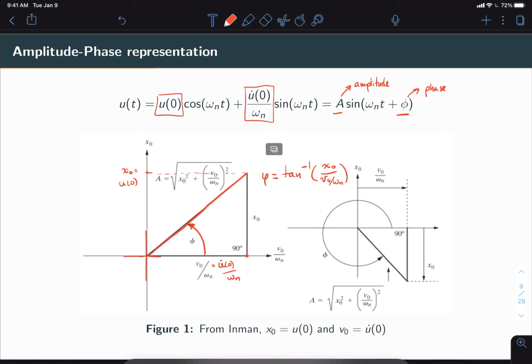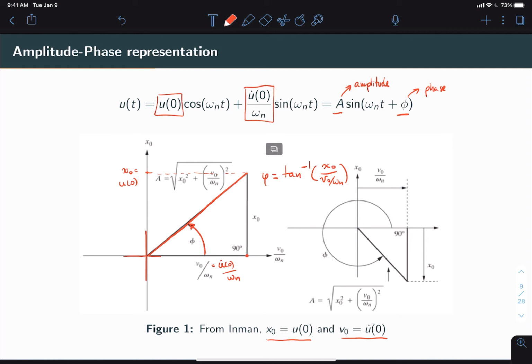Right, again, note the equivalent variables here. So notice that when phi, the phase, is equal to 0, that means that the initial displacement is 0, and so the sinusoid is going to start at 0.